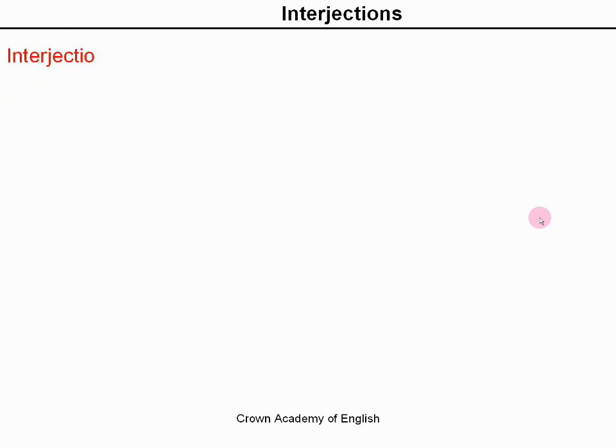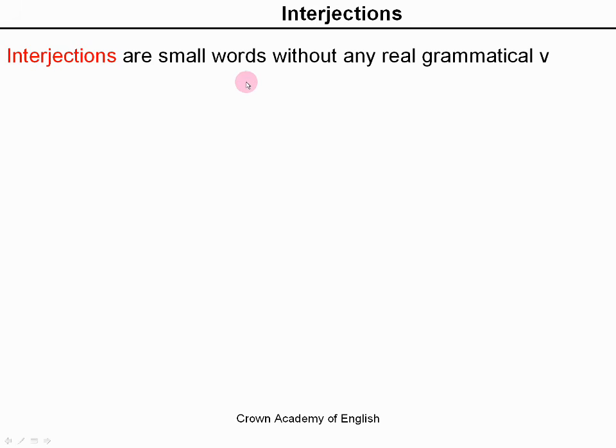Interjections. So in fact, they are small words without any real grammatical value. So this means that interjections, they do not modify other parts of speech, and other parts of speech do not modify interjections. So they are completely independent.